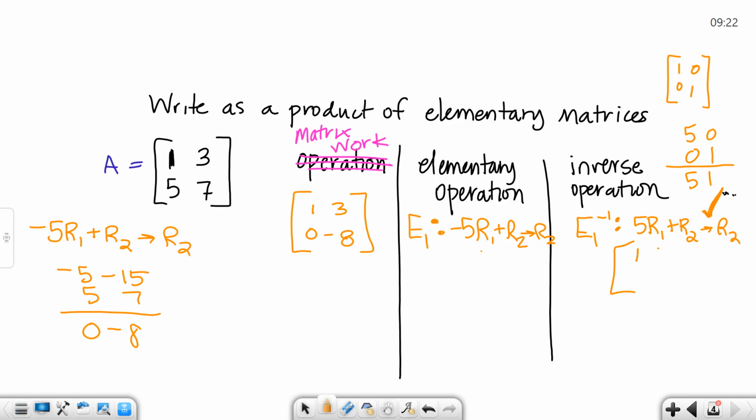So row 1 stays the same, and that's my new row 1. And this is my new row 2. 5 times row 1 plus row 2 gives me a new row 2. Any questions with that part? All right, so let's go back over here.